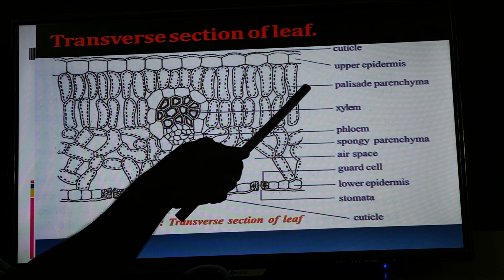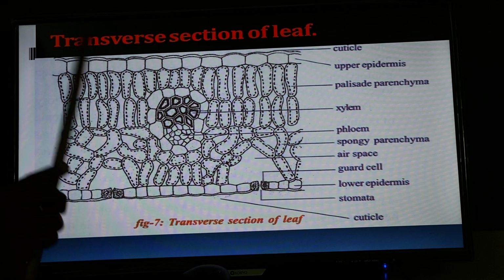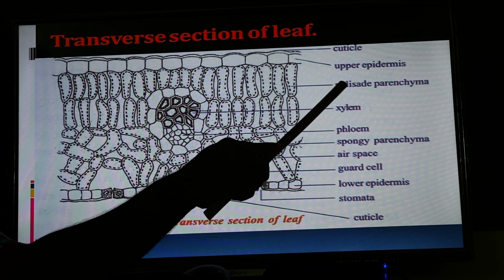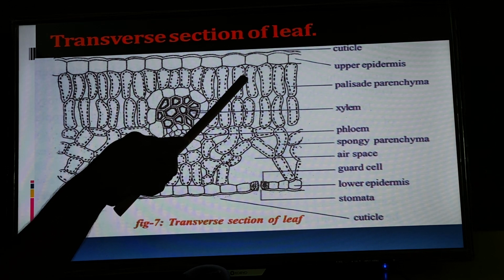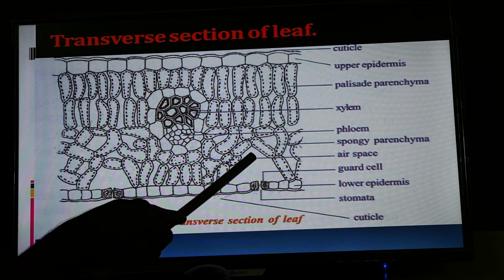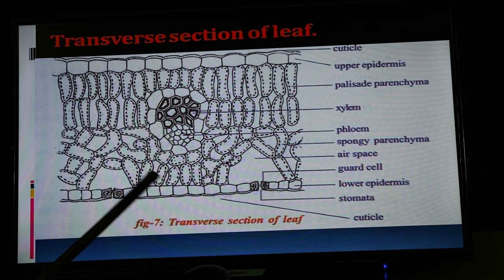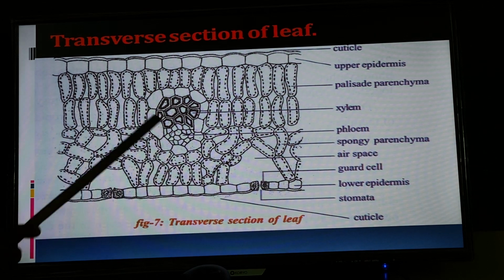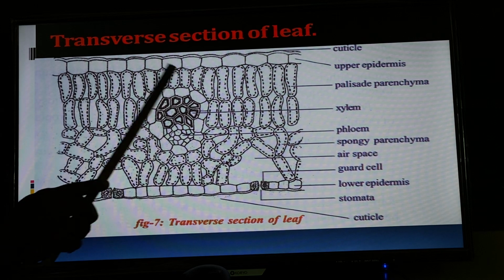Upper palisade parenchyma, lower spongy parenchyma. Already we learned one difference between palisade and spongy parenchyma: palisade parenchyma contains more chlorophyll pigment. That's why this part is more green in color than the lower one. And if you observe here, there is another difference. See the arrangement of cells here.